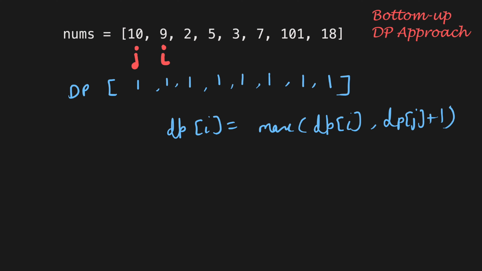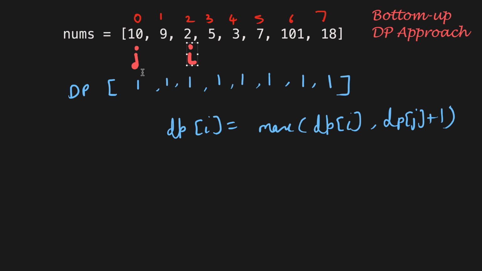Let's quickly see this in action. Initially, i is at index 1 and j is at index 0. And we check if nums i, that is 9, is greater than nums j. And since 9 is less than 10, we cannot form the increasing sequence. So dp of i, that is dp of 1, stays 1 only. Then we move i to index 2 and check if element 2 can be included to form any increasing subsequence.